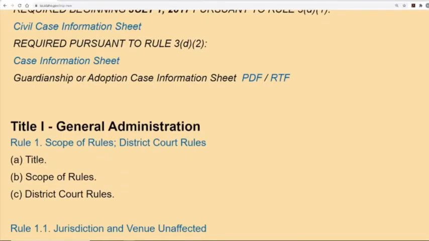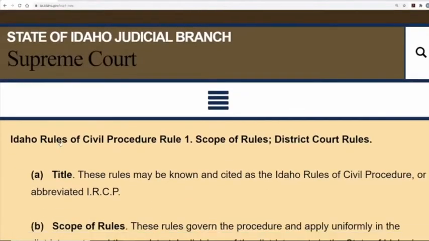General Administration. Scope of rules. These rules may be known and cited as the Idaho Rules of Civil Procedure, or abbreviated IRCP. Scope of rules.